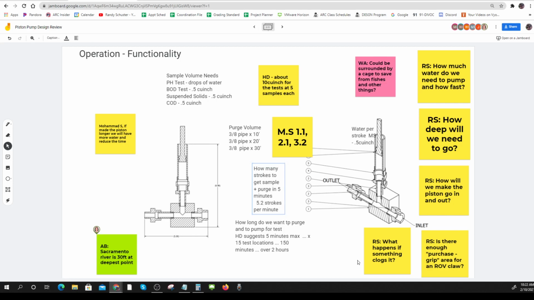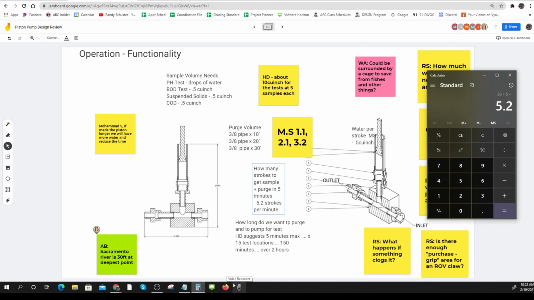Does that sound reasonable? Yeah, so I just came up with 5.2. Let's see if I did that right. I need to get 13 cubic inches, and I get 0.5 per stroke, so divided by 0.5, I need 26 strokes per 5 minutes. 5.2 strokes per minute.